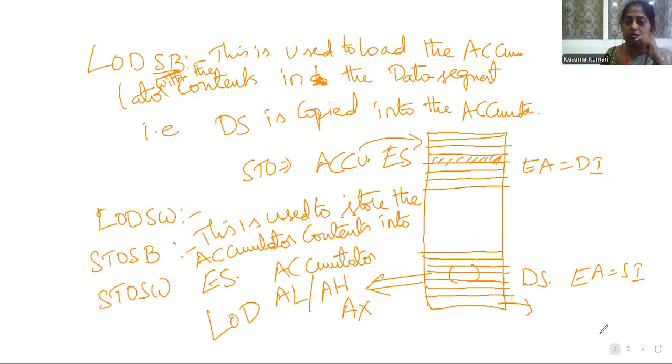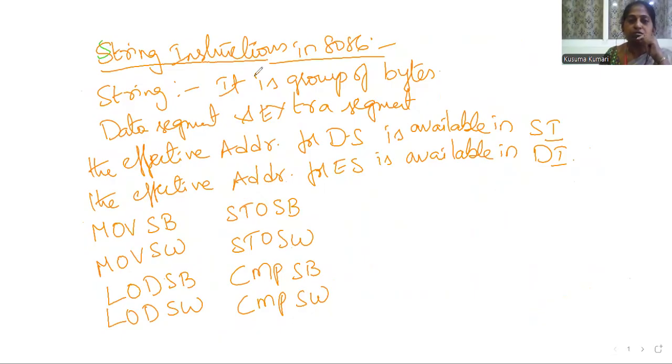So here, regarding the string related instructions in 8086, a string means a group of bytes. All string related instructions are executed between the data segment and extra segment. The effective address for the data segment is available in the source index register, and the effective address of the extra segment is available in the destination index register. And what are the different string related instructions? Move string byte, move string word, load string byte, load string word, store string byte, store string word, compare string byte, compare string word.